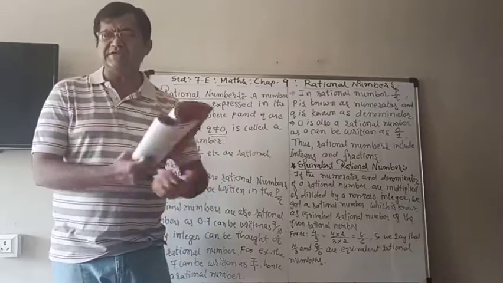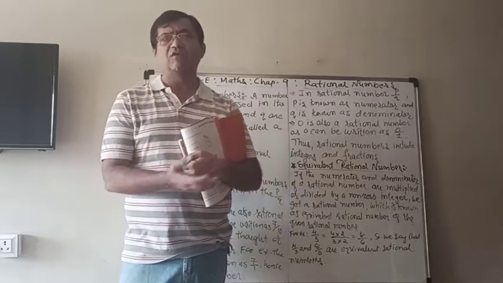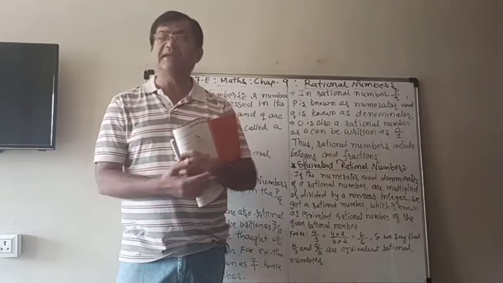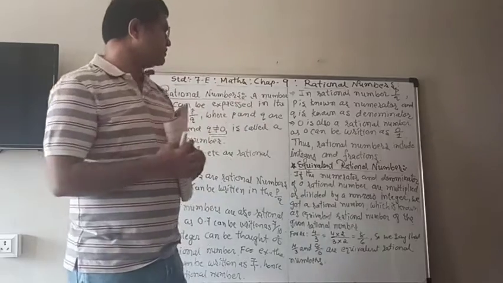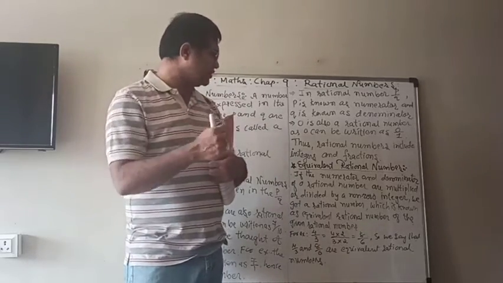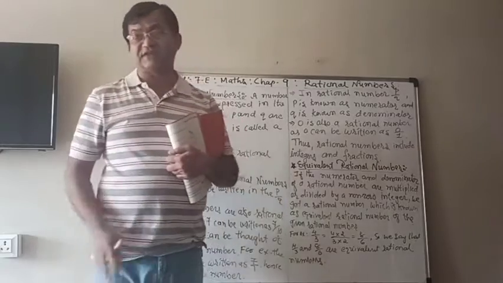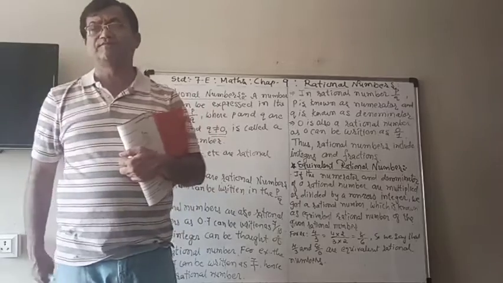So in any integer, when we put 1 in the denominator, what happens? It becomes a rational number because it converts into the form of p upon q. It means that rational numbers include integers and fractions, no matter whether they are positive or negative or 0.